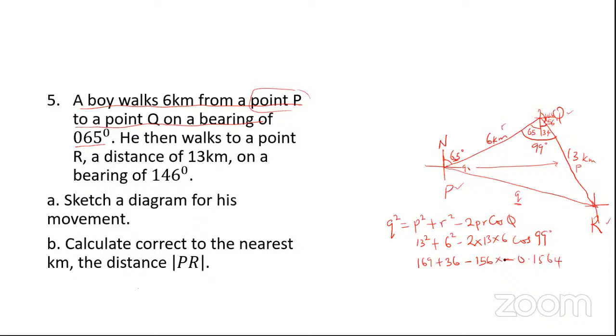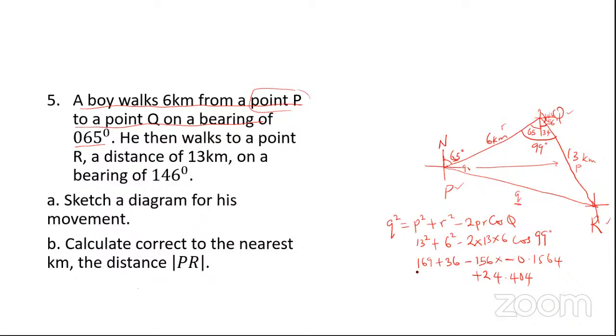So when you multiply, minus times minus will give us plus. 156 times 0.1564 will give us 24.403, so that is 24.404.